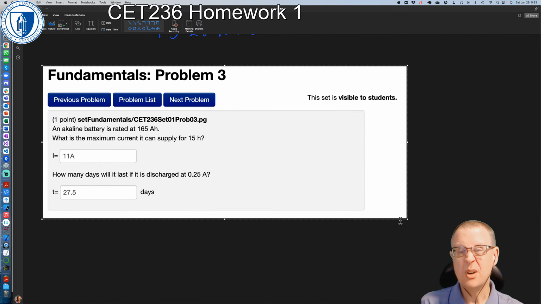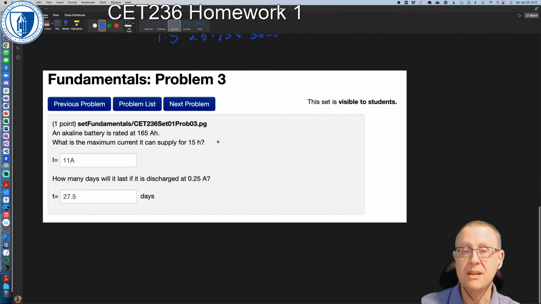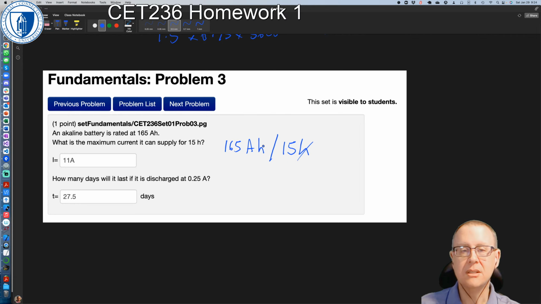Right, so the first one is just going to be, as I said, 165 amp hours divided by 15 hours, right? Those units are going to cancel, and we're just going to get 11 amps.